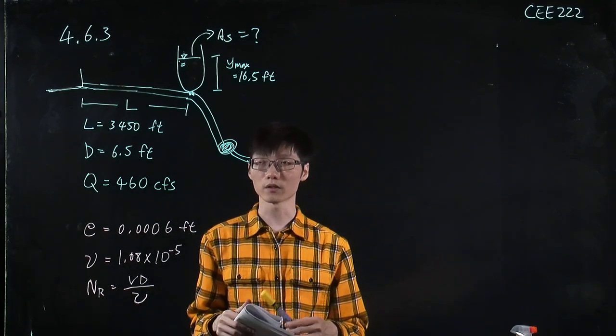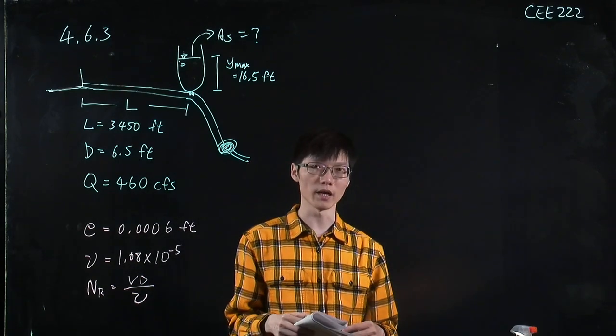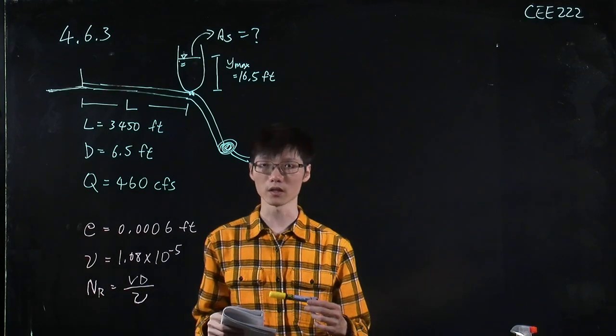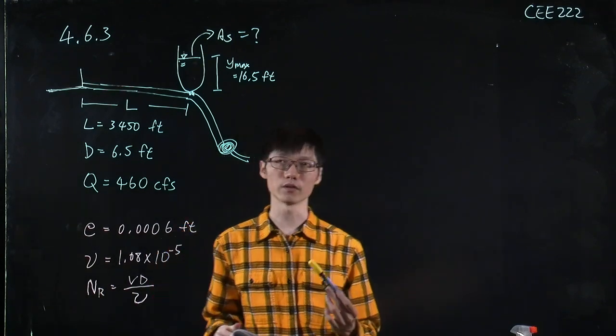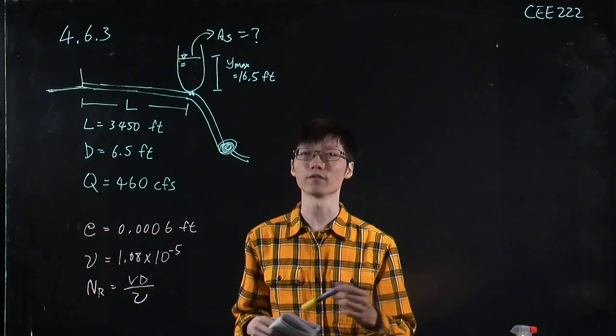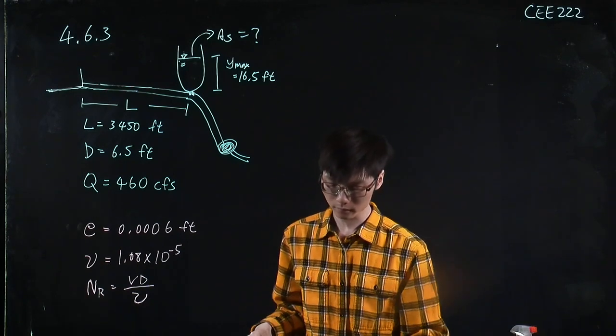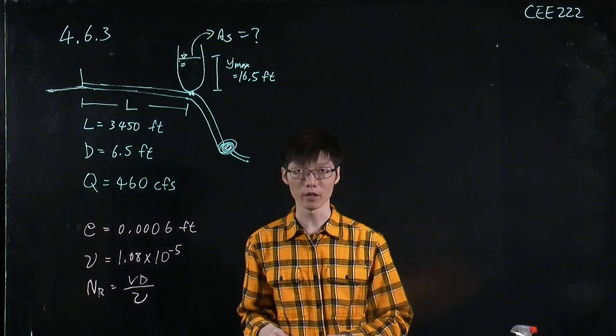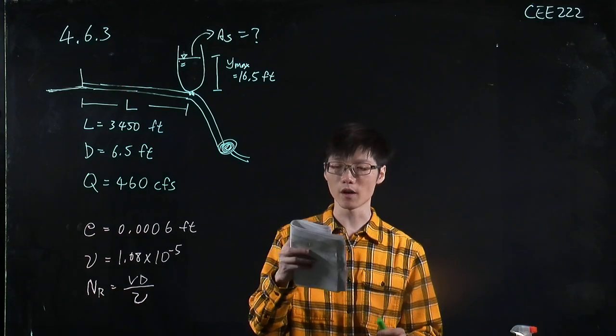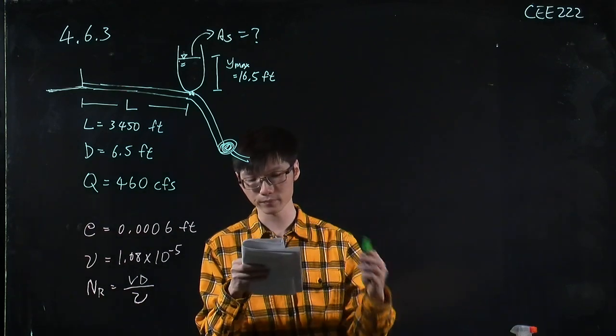The problem tells us that we can ignore the minor losses. We only need to consider the head loss due to the friction in the pipeline, and we need that information in order to solve this problem. So let's start with that.